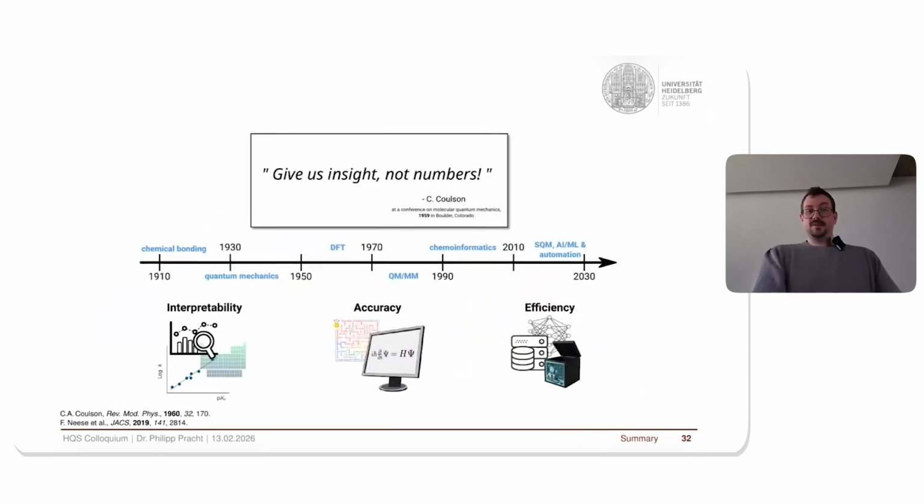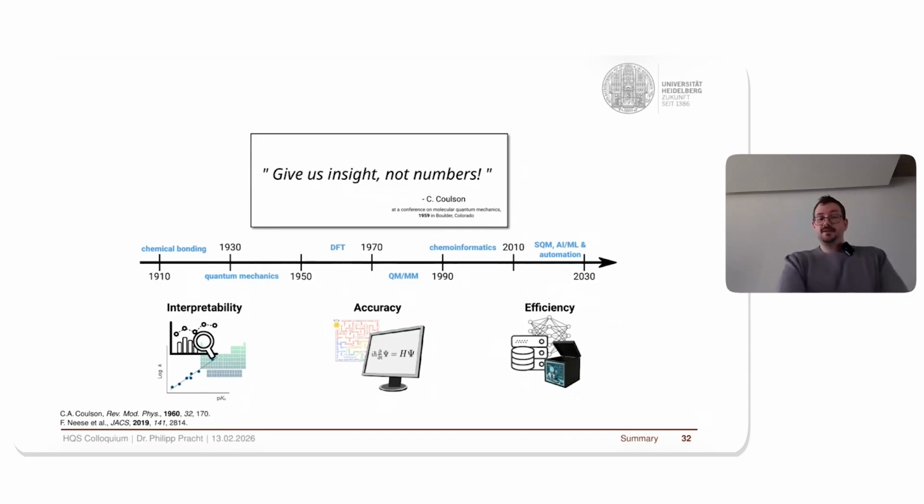Right, with that final conclusion, if we are looking back at this historical development of different methods, assuming the a posteriorists are basically interpretability of chemical data, while the ab initioists are accuracy, so high quality quantum mechanical calculations, then what we are certainly working on right now in this decade is the efficiency aspect.